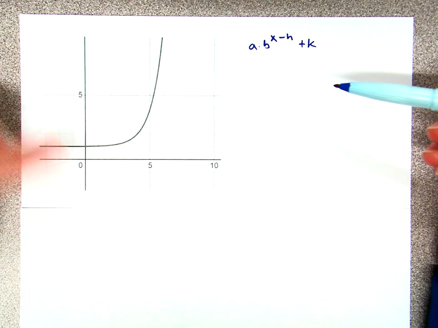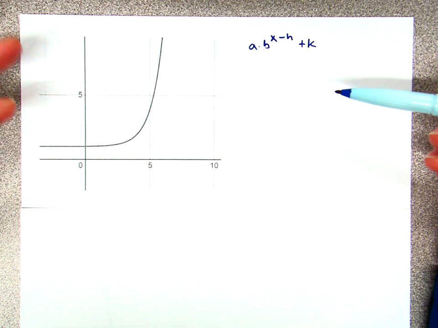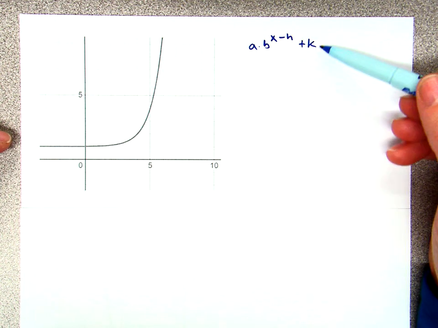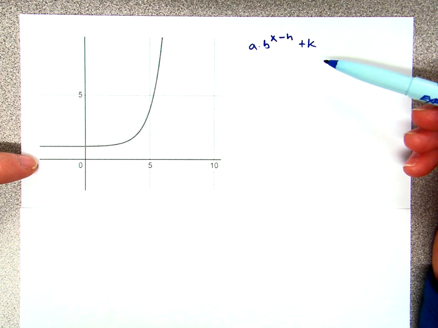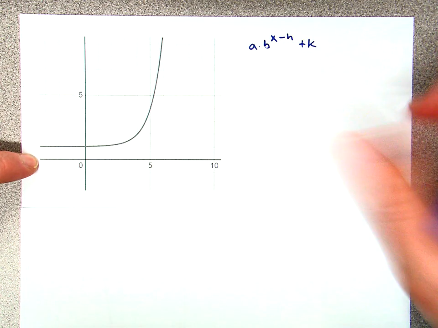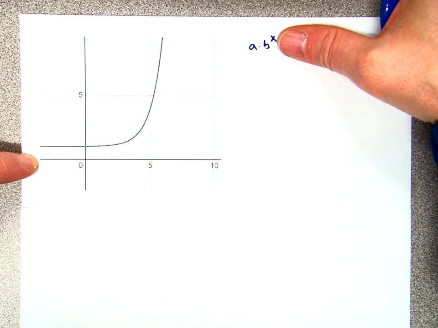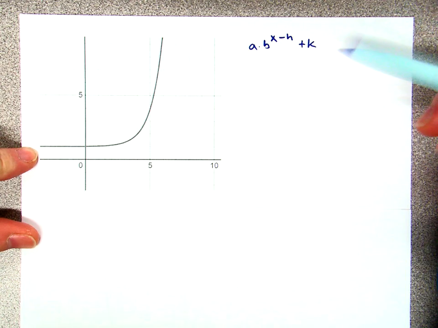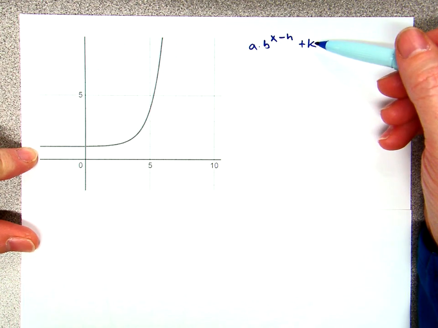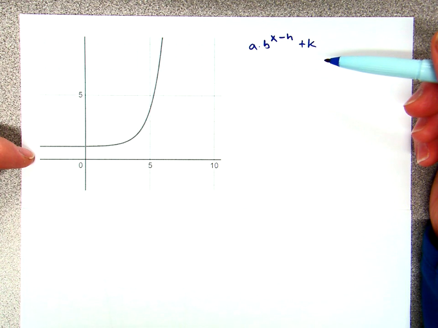So when we're looking at this graph, or any of these exponential functions, we're going to start off with the k value, because if the initial horizontal asymptote for a basic exponential is at 0, then it becomes very obvious to see a vertical shift, because if it's shifted up or down, then that asymptote would shift with it.